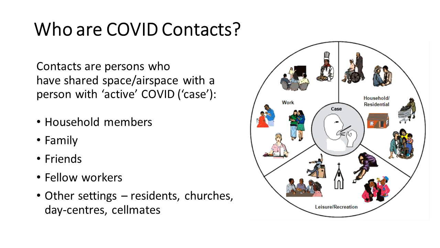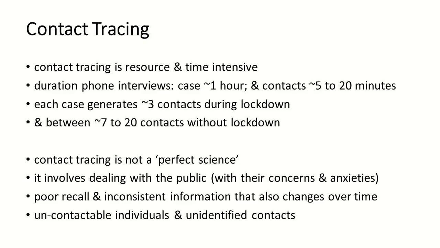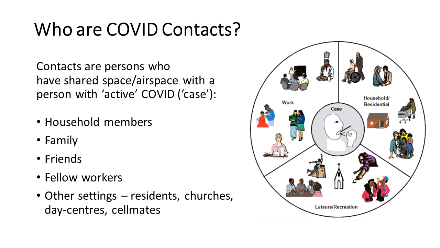So who are the potential contacts of somebody with COVID? The contacts are people who've shared a space and an airspace with the person, the case, who has active COVID. And you can see the diagram on the right. You have the case, and predominantly their contacts will fall into one of three groups: their household and residential links and contacts, the people they work with, and also their leisure and recreation activities.